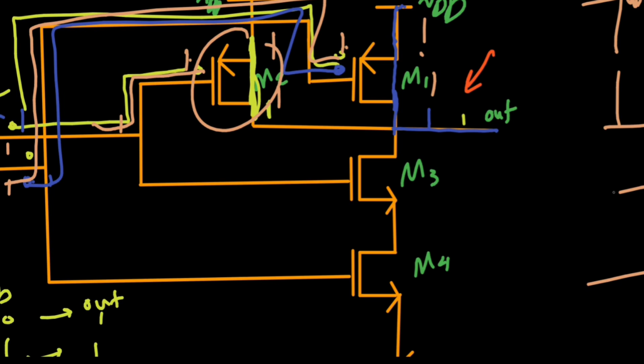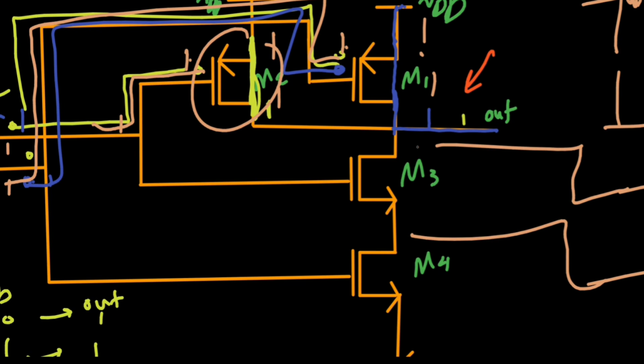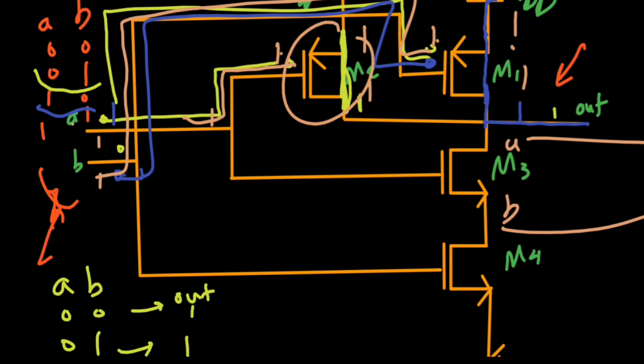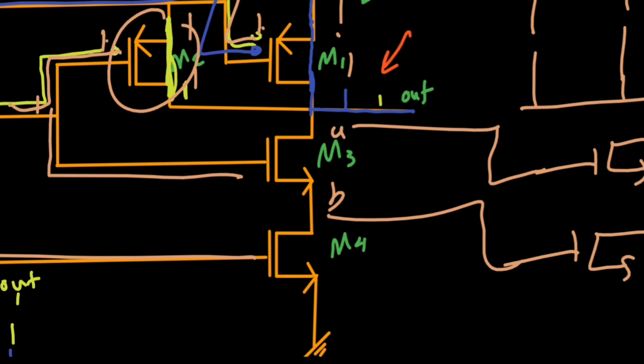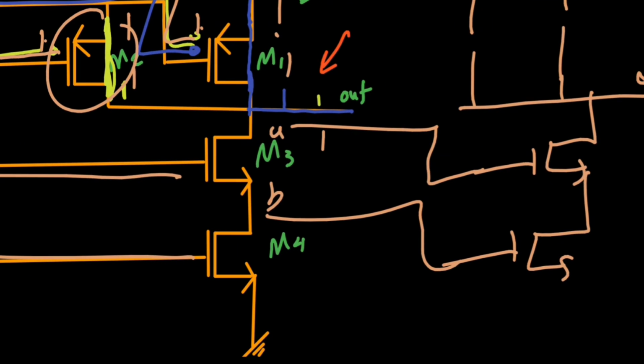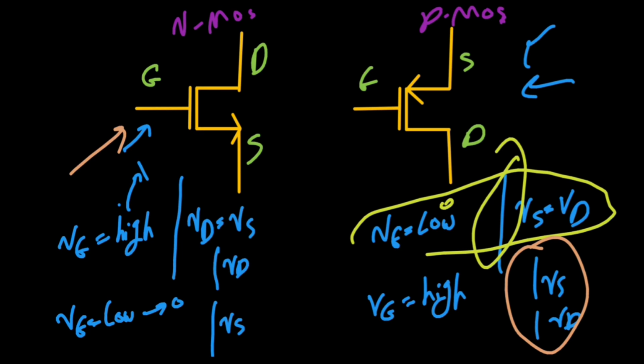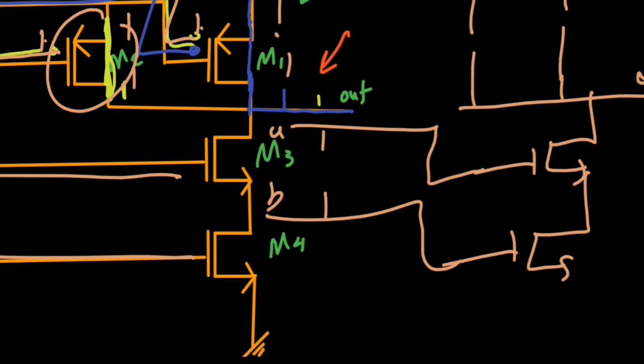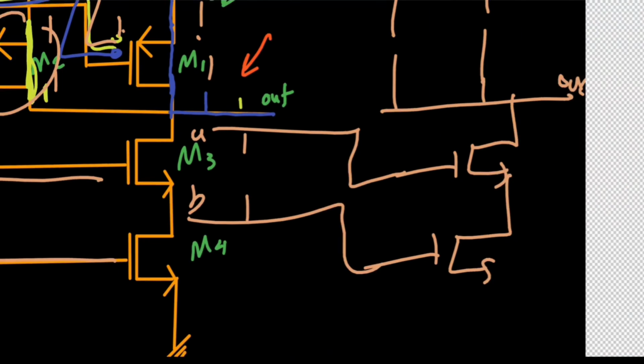But we have these two NMOSs which are just connected to A and B, right? This A comes through this wire to the gate of M3, and B comes through this wire to the gate of M4. Both of them are currently 1. So if A is equal to 1, as we saw previously, high voltage causes the NMOS transistor to be turned on and acting as a short circuit.